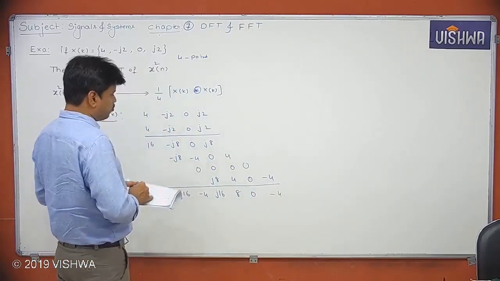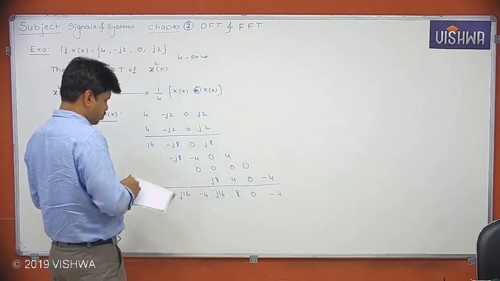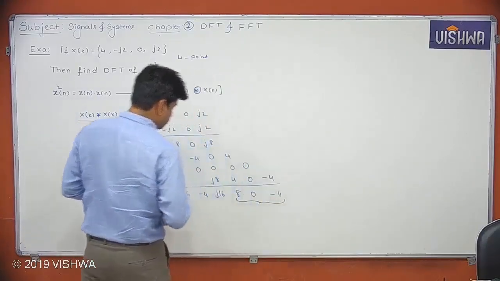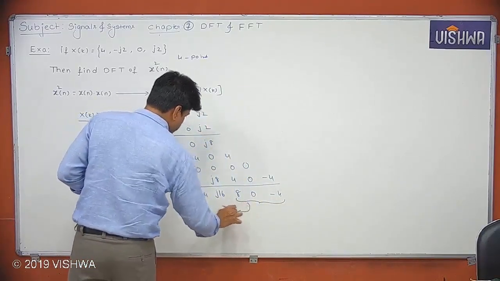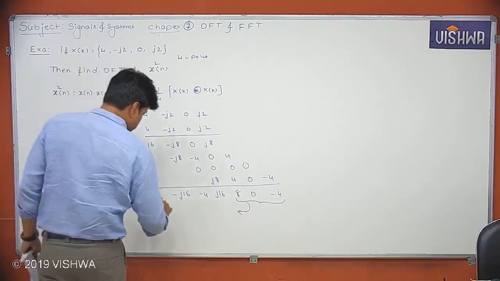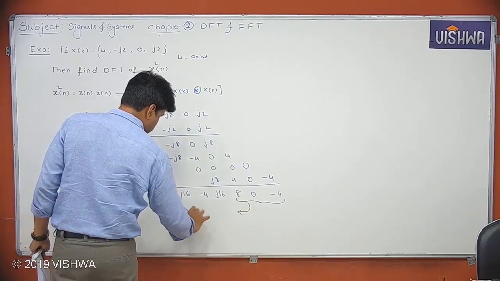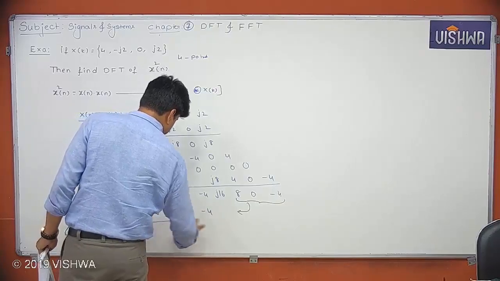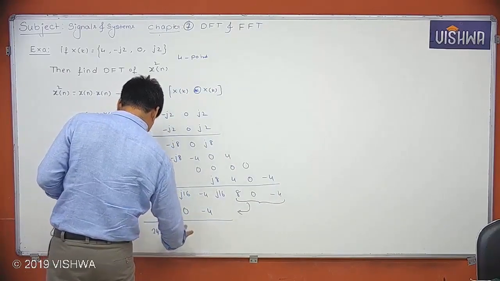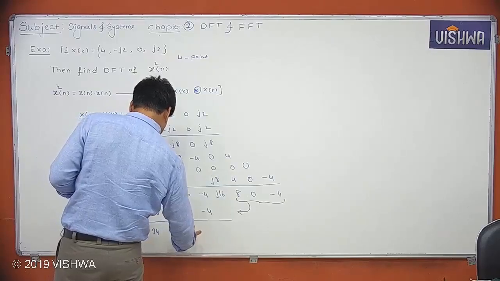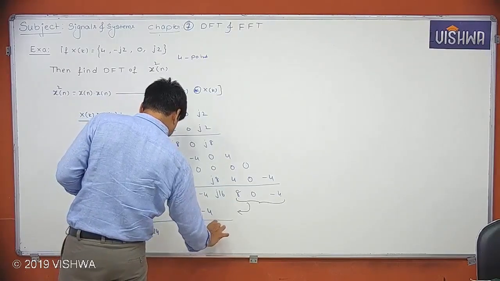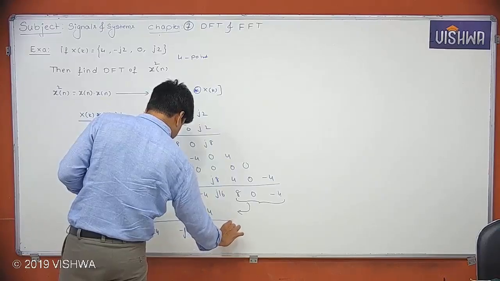So we require only 4 samples. The remaining samples we have to take blockwise and add. If I add them, what are we going to get? Finally it is going to be 24, minus j16, minus 8, j16.